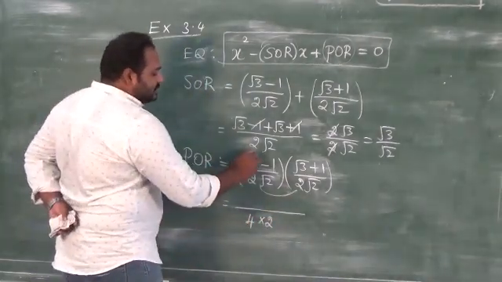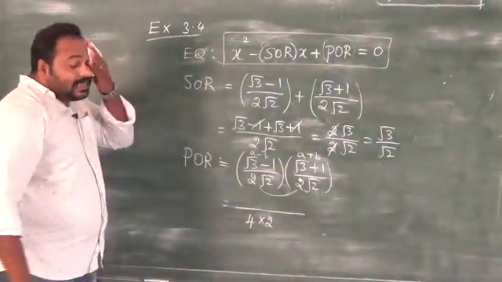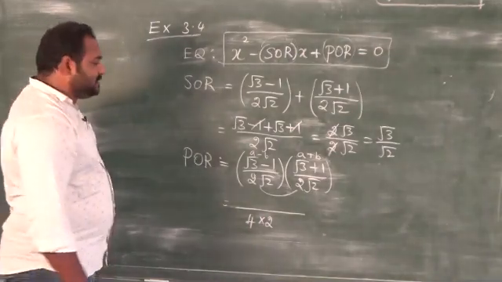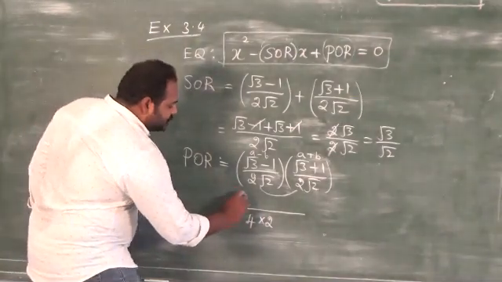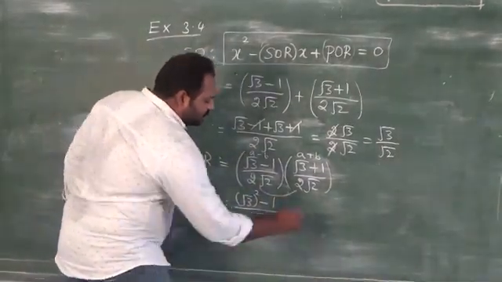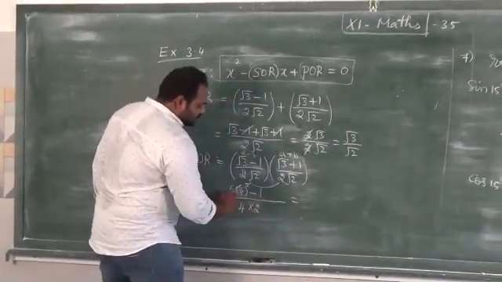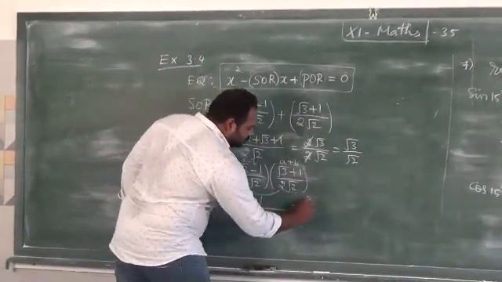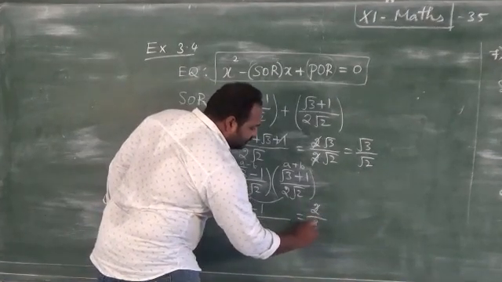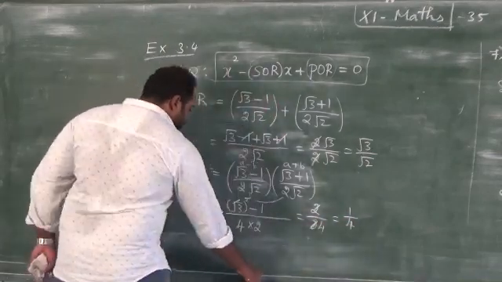Next, this is the a plus b into a minus b formula, which is a square minus b square. So what is a square? Root 3 square minus 1 square. The root and square will be cancelled. 3 minus 1 is 2 by 8. If I cancel this, it is 1 by 4. So the product of the roots is 1 by 4.